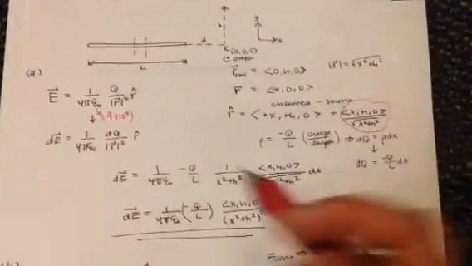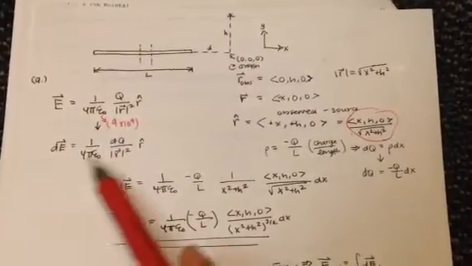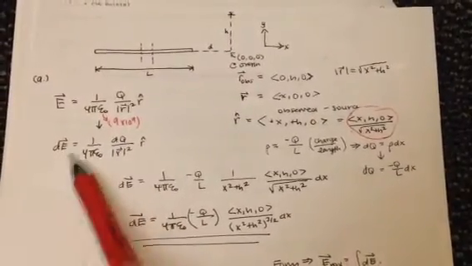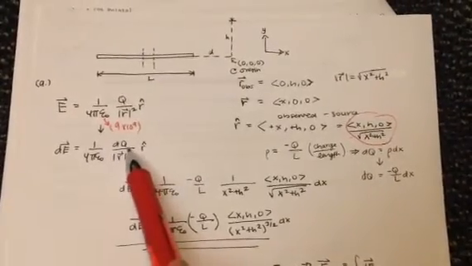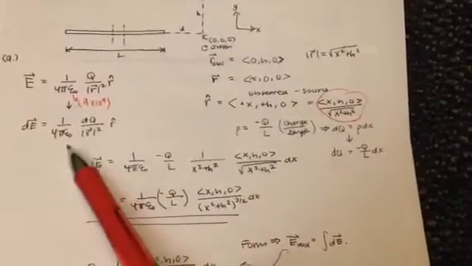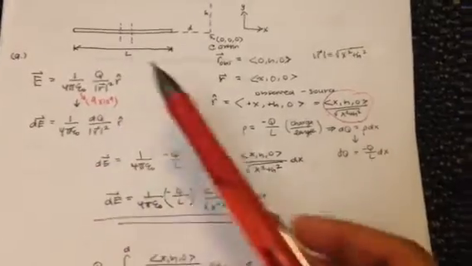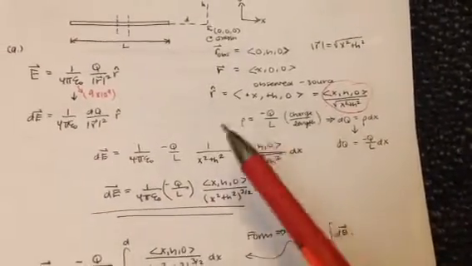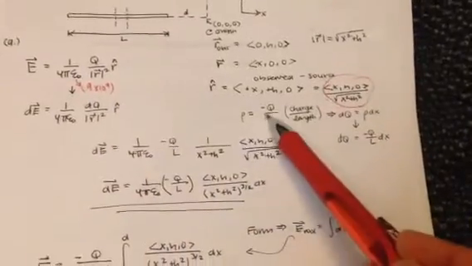Okay? And now, since it's asking for dE, the derivative of the electric field, the only variable that changes is the charge. So 9 times 10 to the 9th is a constant. Okay? So something that we're also missing is dq. In order to find that, we apply this concept right here.